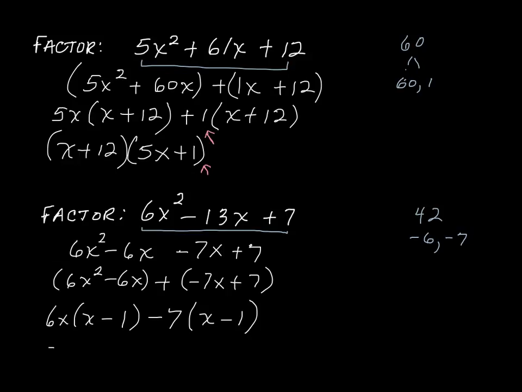Okay, so we have x minus 1 times 6x minus 7 as our factored form. If you multiply this, you're going to get the exact same terms. If you FOIL it, you're going to get those exact same 4 terms that we got after we broke it up into 4 parts.